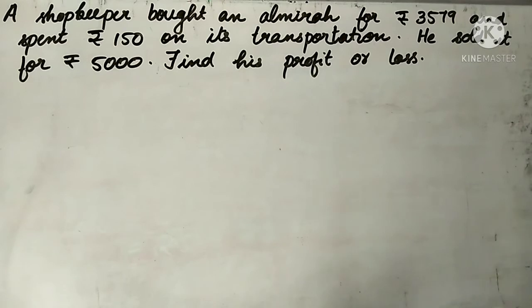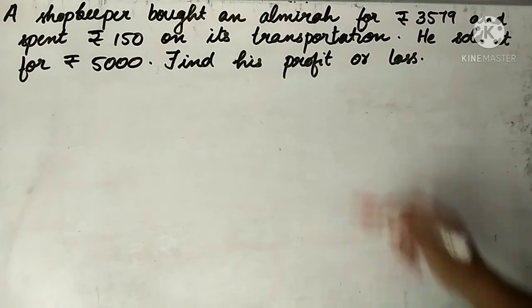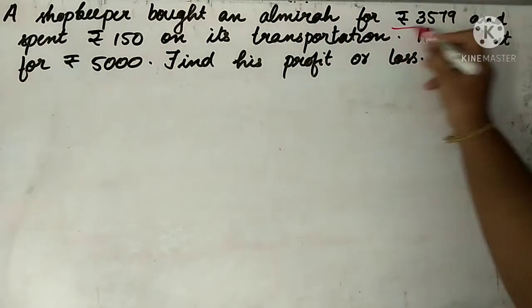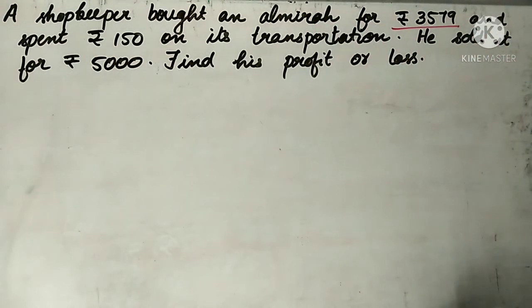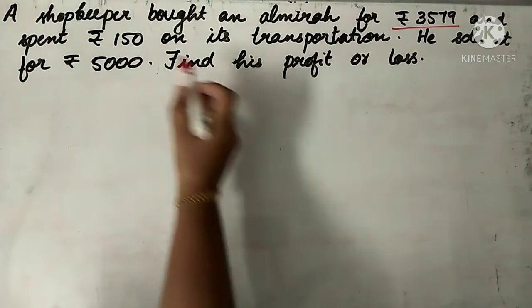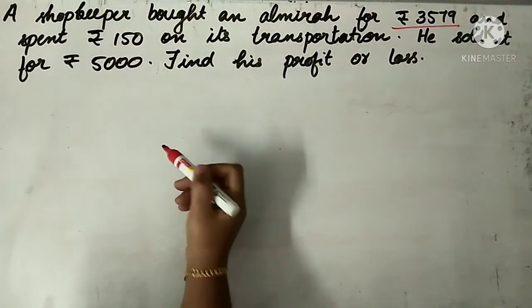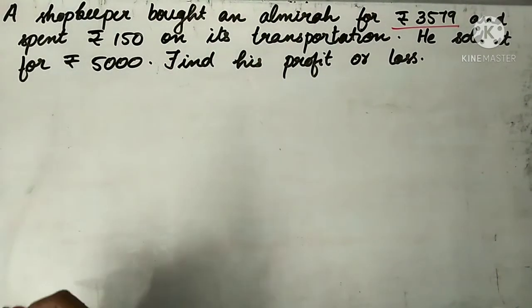Example, a shopkeeper bought an Almara for rupees 3,579. That means price of Almara is rupees 3,579 and spent rupees 150 on its transportation. So this expense for the transportation comes under overhead charges.